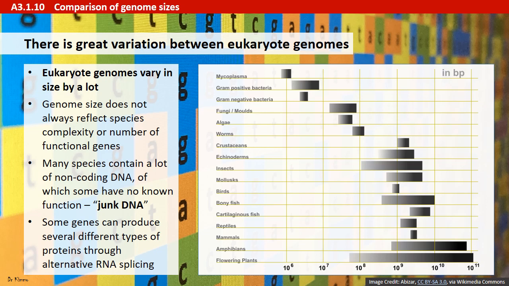So that's like the opposite from junk DNA. You can have a relatively small amount of DNA, but if you use the same DNA to produce different proteins, you can have more complexity with less base sequence.